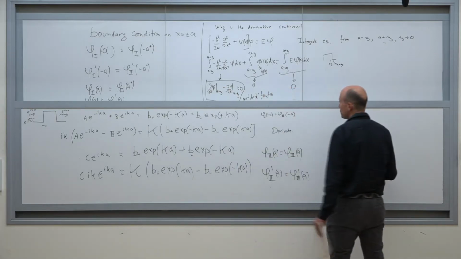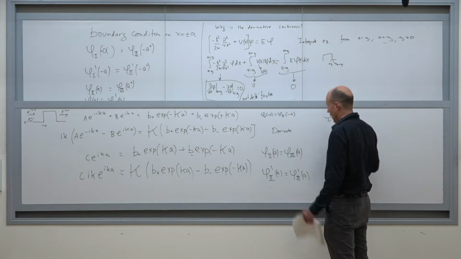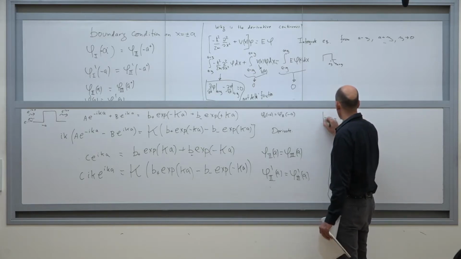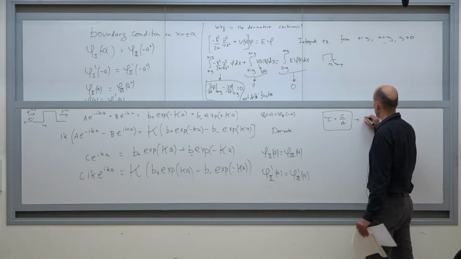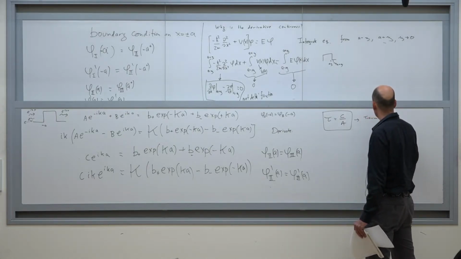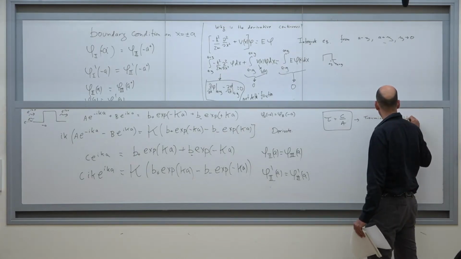After you do those 2 pages of algebra, eventually you get something which I'm going to call tau. And tau is C over A. This C over A is the transmission amplitude. Not a probability, but an amplitude.